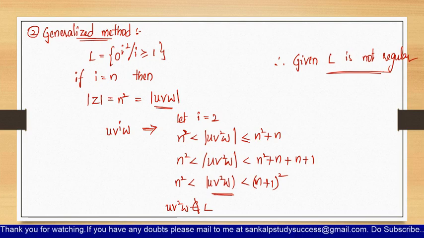Here we are solving for the squares of numbers. That means if the perfect squares lie between n square and n plus 1 whole square, then u, v square and w will not belong to the given language. That means the given language is not a regular language.